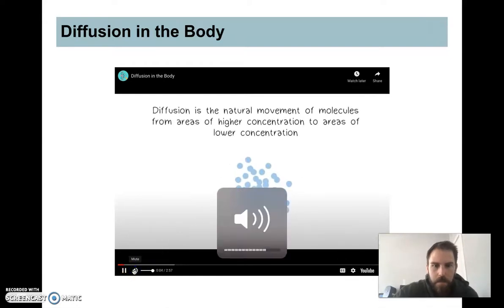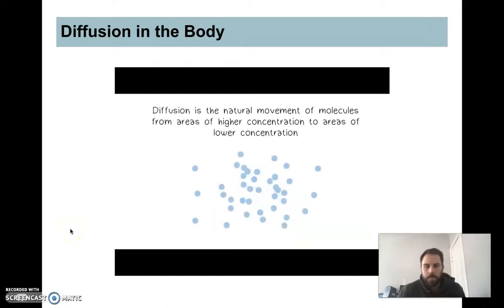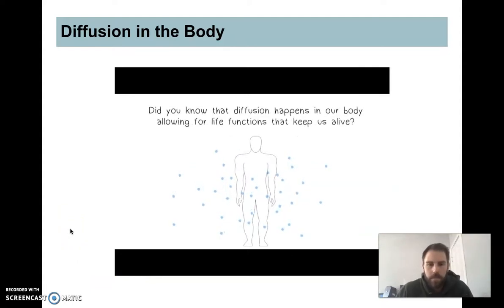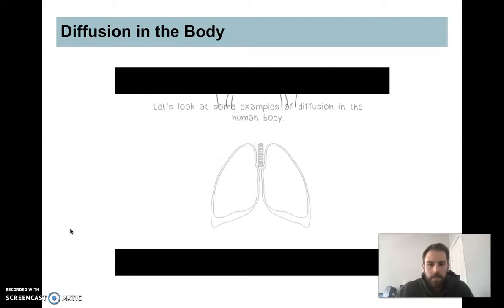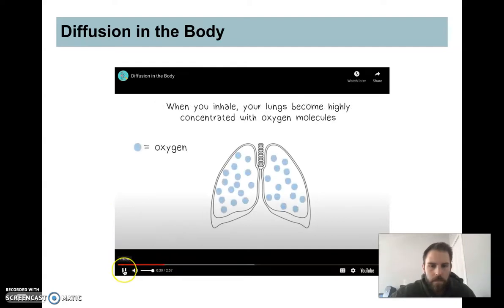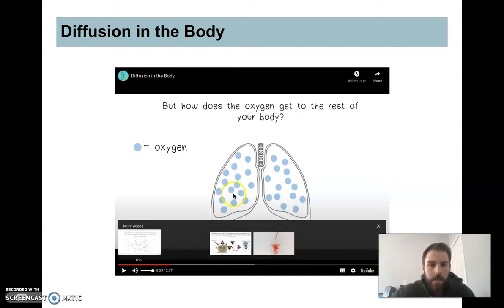The natural movement of molecules from areas of higher concentration to areas of lower concentration. Did you know that diffusion happens in our body, allowing for life functions that keep us alive? Let's take a look at some examples of diffusion in the human body. When you inhale, your lungs become highly concentrated with oxygen molecules. Now remember, this is a simplified version. Your lungs aren't just empty spaces. They're filled with those alveoli, but this is just for simplification purposes.